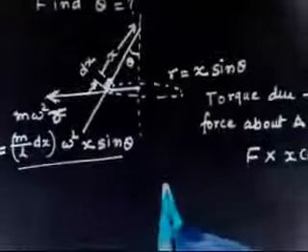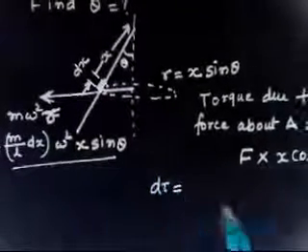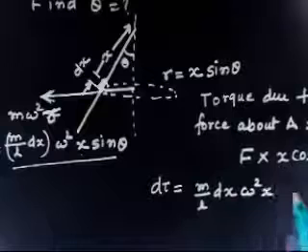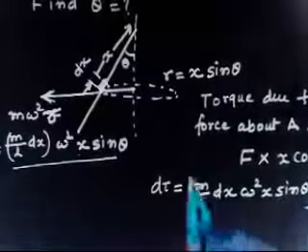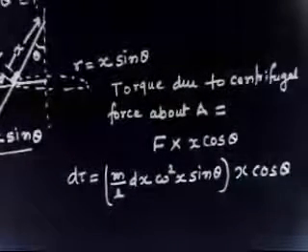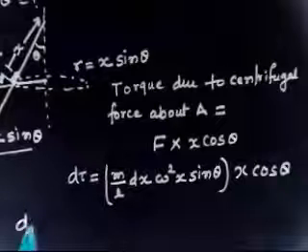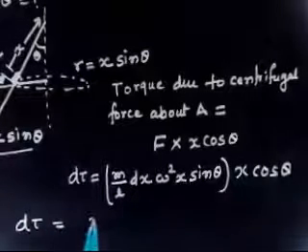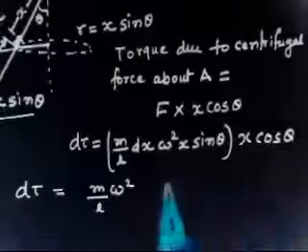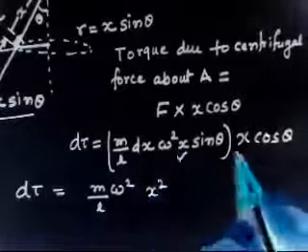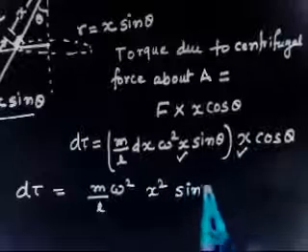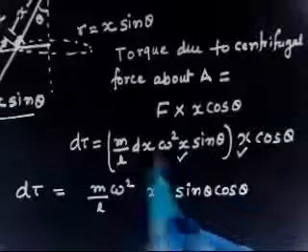So a small moment, let us say d tau, will be equal to M by L into dx into omega square x sin theta, and then I have to multiply by x cos theta. So this is the small moment acting on the rod about point A. So I can also write d tau is M by L omega square x square sin theta cos theta into dx.